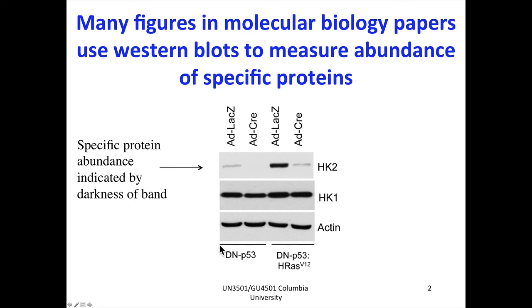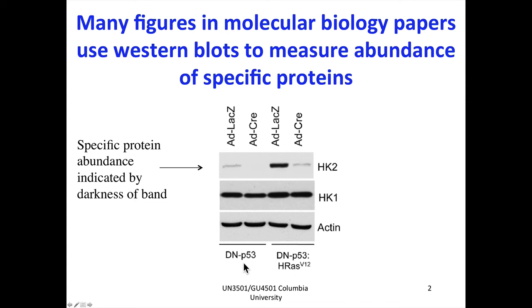Now they also note on the bottom that these 2 samples both contained a dominant negative p53. Why are they telling us that? Well, they're telling us that because they also want to tell us that the next 2 samples they looked at on the right had not only dominant negative p53, but also had HRAS V12 mutant, which is an oncogenic mutant of the RAS protein.